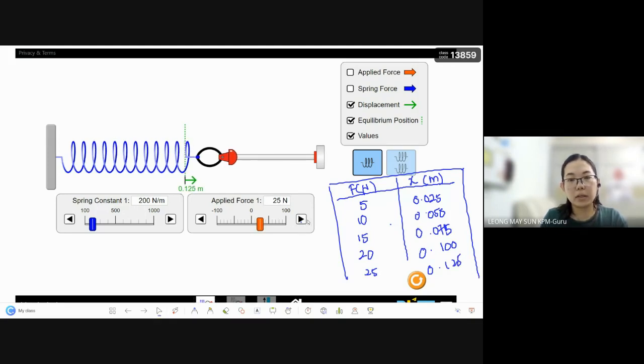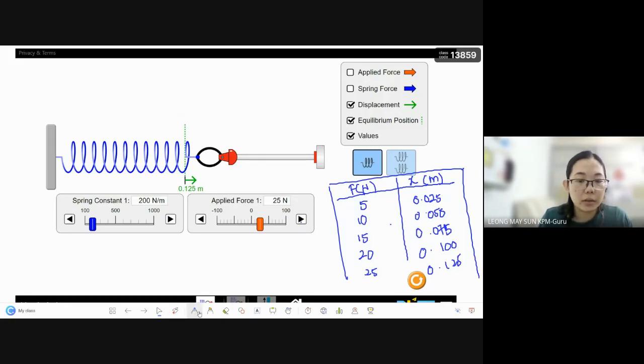One good thing about simulation is that it's an ideal case situation, so it's definitely 0.125. So we can say from this experiment that as the applied force increases, the extension increases. And you would notice that I did not measure from the end of the spring position, but from this equilibrium position. Equilibrium position is what we know as the normal length.